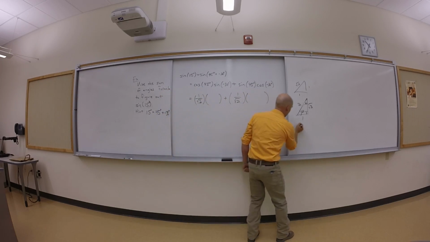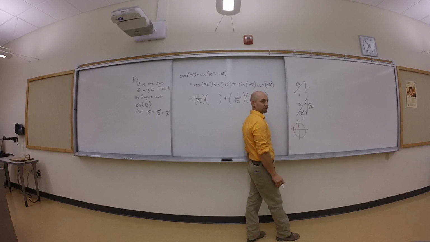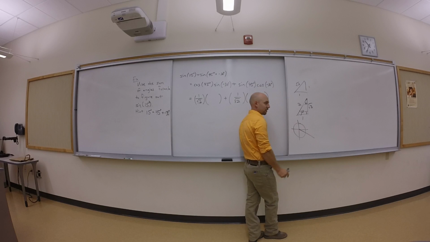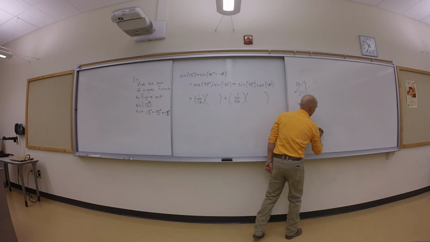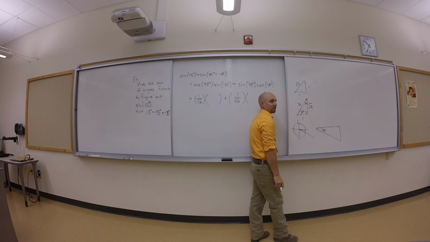Okay, so quick thought off to the side. Minus 30 is in which quadrant? 4? Okay, so there's my minus 30. So here's my triangle that I'm looking at, right? 30 is my reference angle, yeah?